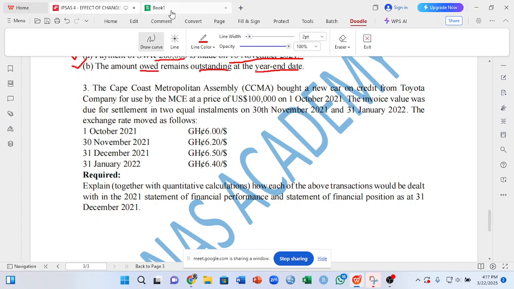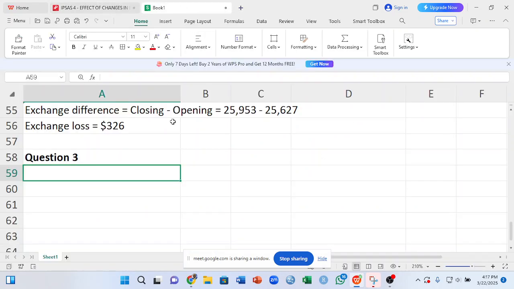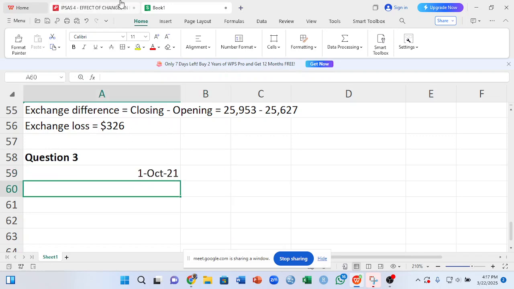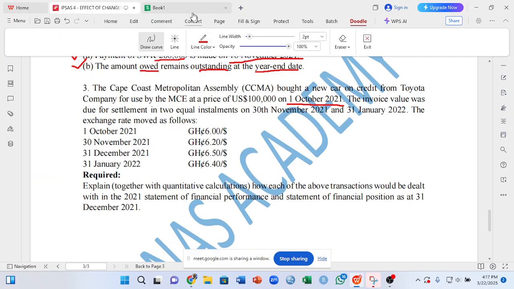So let's proceed. First things first, we translate at the transaction date. The transaction date is what? 1st October 2021. We'll use the rate prevailing at that date.